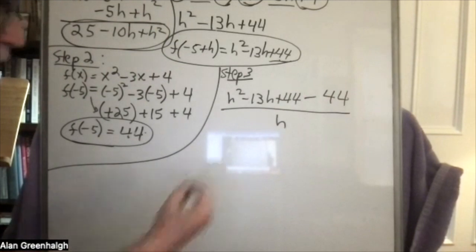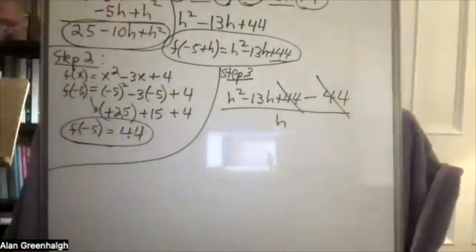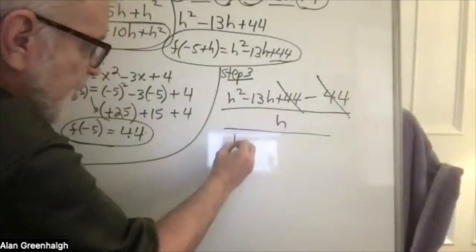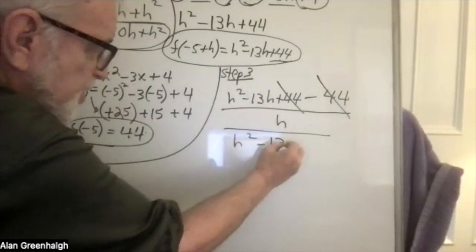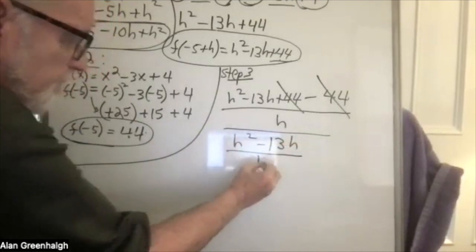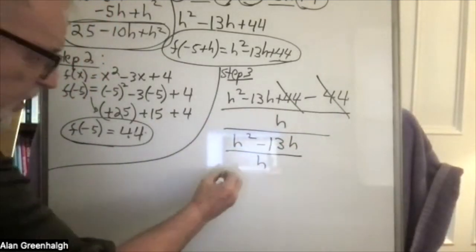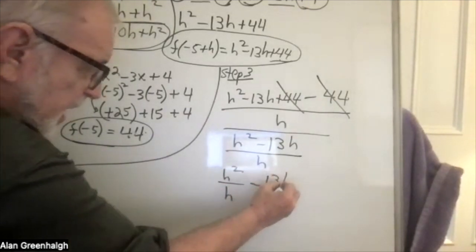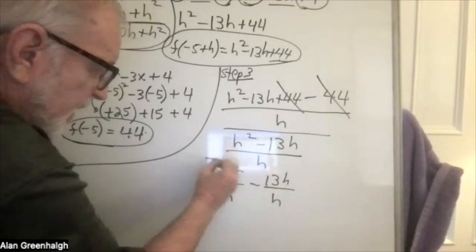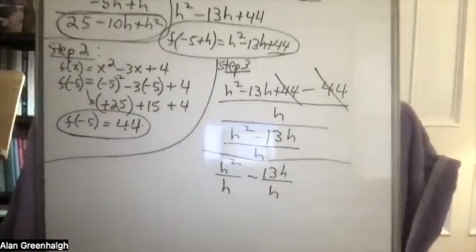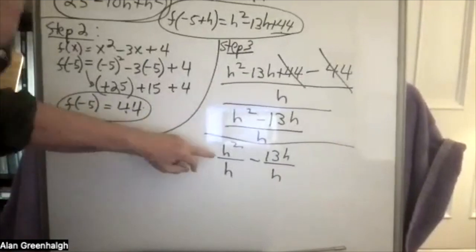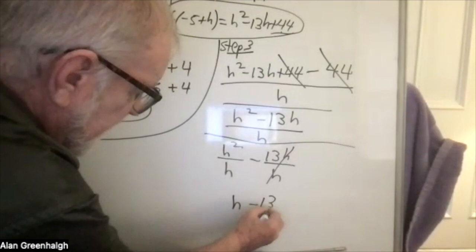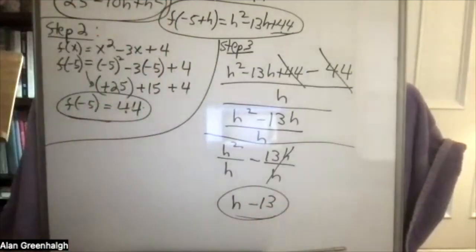And this is supposed to happen. And you wind up with h squared minus 13h divided by h. H squared over h minus 13h over h. And this becomes h. This becomes 13, and that's the answer.